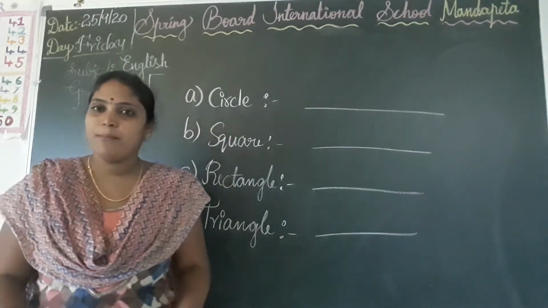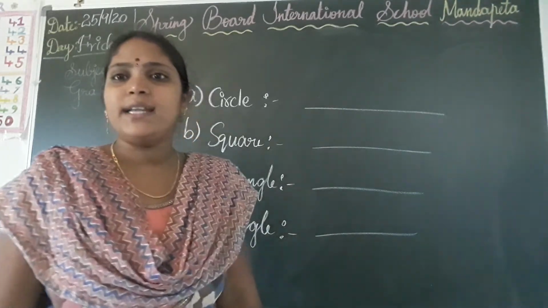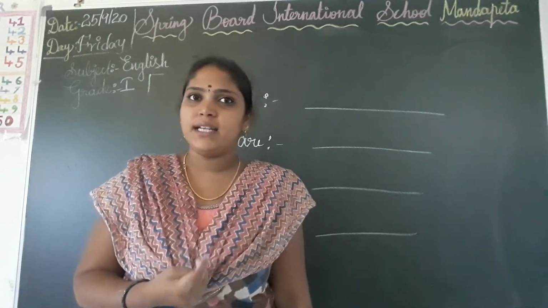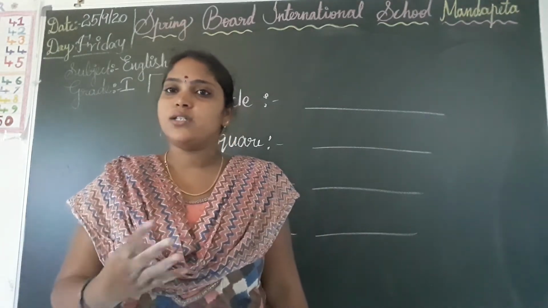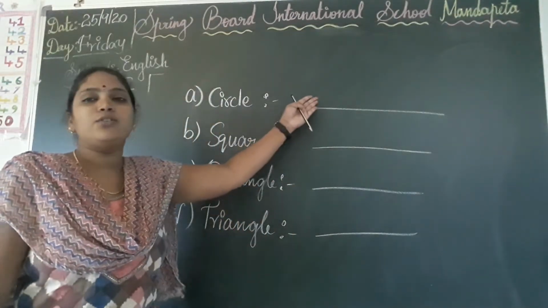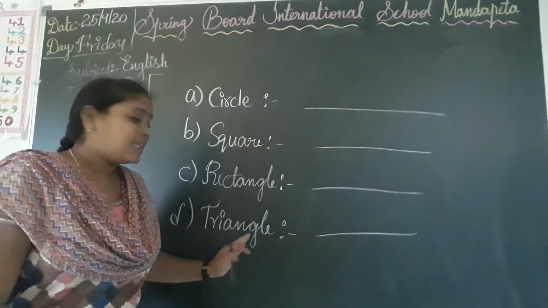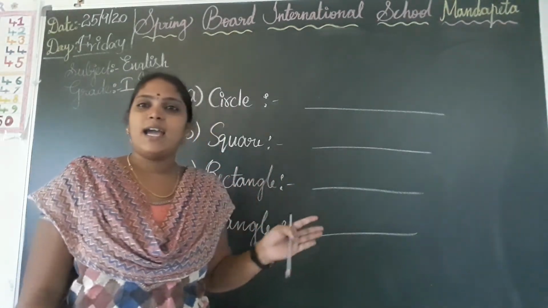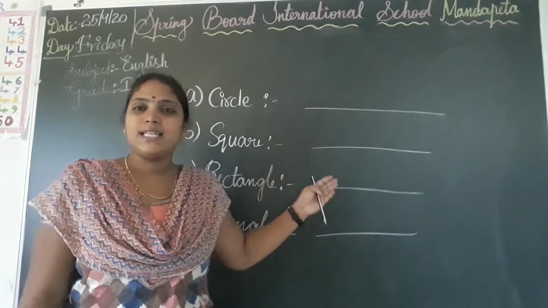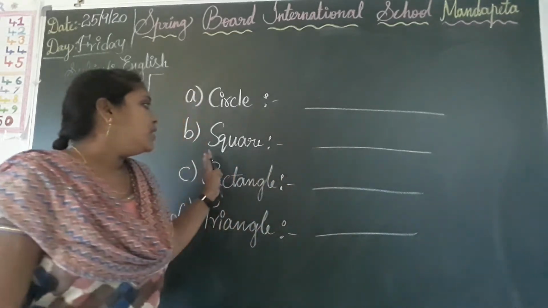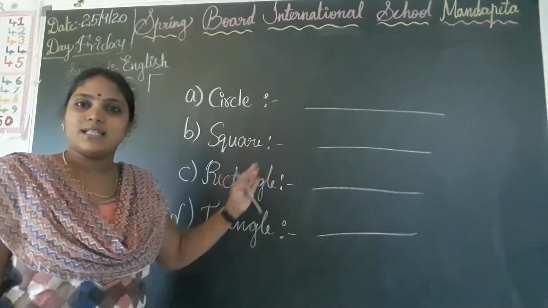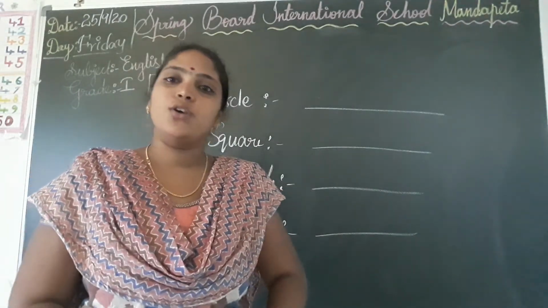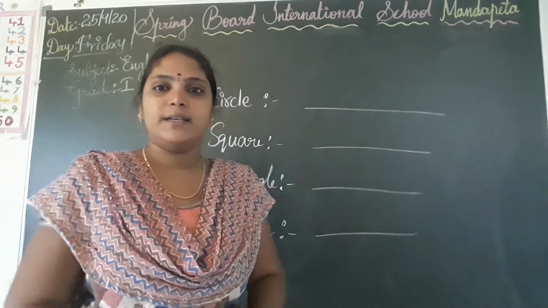For example, for circle shape food items, chapati is a circle shape food item, idli is a circle shape food item and parota is also a circle shape food item. You have to write the names here. And an example of triangle, samosa is an example of triangle. So here you have to fill this table with the circle, square, rectangle and triangle shape food items. Okay children, this is your project. So everyone do this project and send it to me.